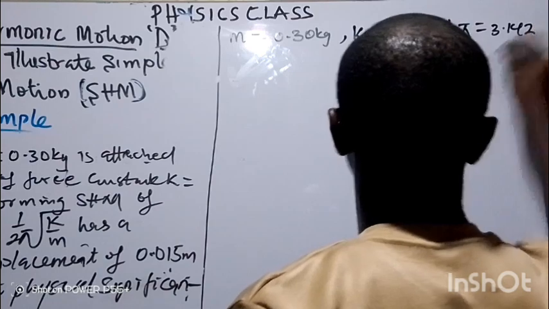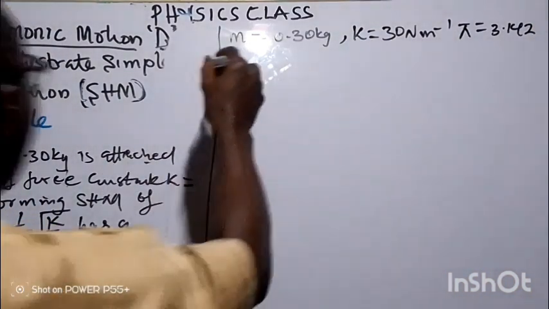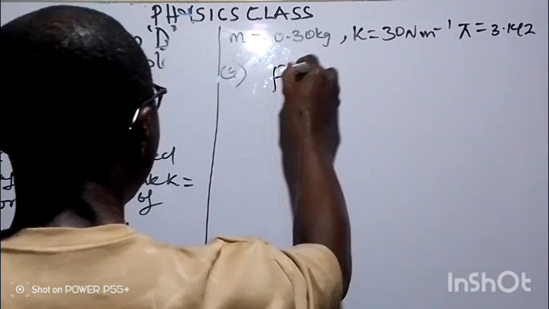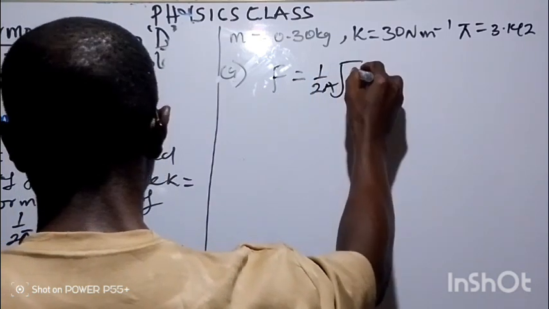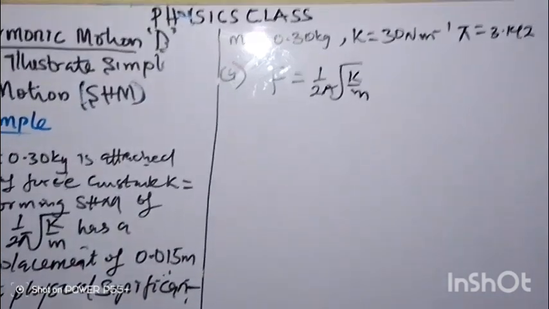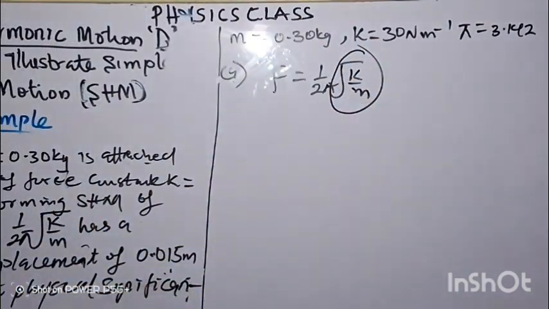Now, the first question, A, asks us to explain the physical significance of this root K over M, from F is equal to 1 over 2 pi into root K over M. What is the physical significance of that root K over M?